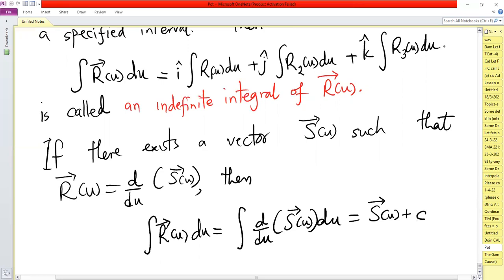Remember that in this integral, we need to add a constant of integration c, but which is a vector.